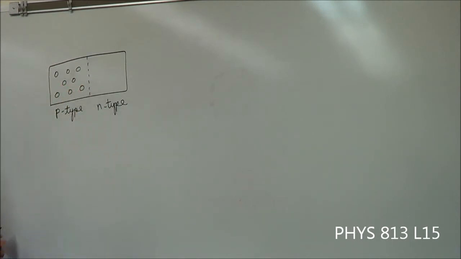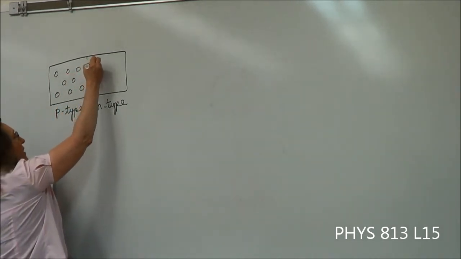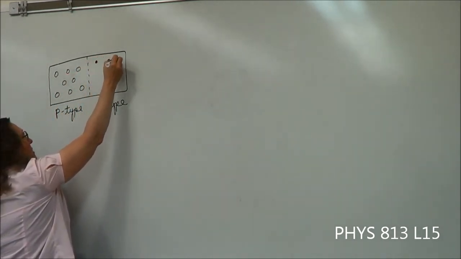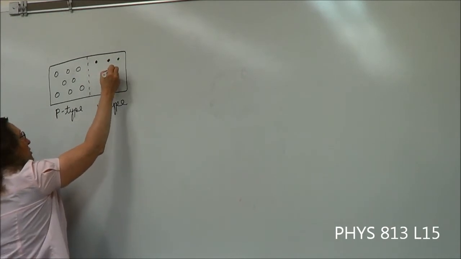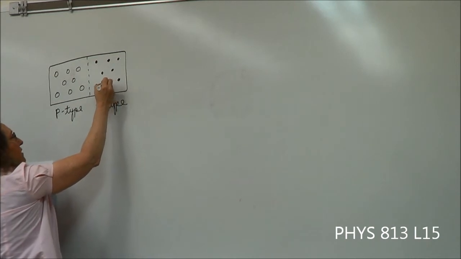So we have somewhat evenly spaced, or somewhere between even and randomly spaced, holes. And then over here we have electrons. I use the convention that he has in the book. A solid dot is an electron, and the circle is the hole.